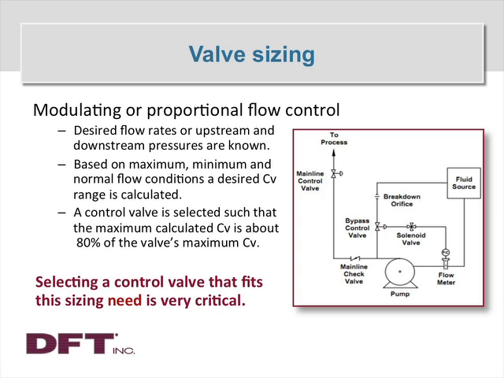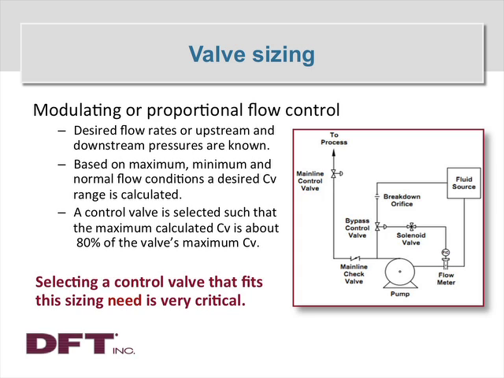And so a desired CV range is developed from all that information. The control valve then is selected from that maximum calculated CV. And basically looking at your different options for control valves, you pick that control valve that gives you that maximum CV at about 80% of that control valve's maximum CV.